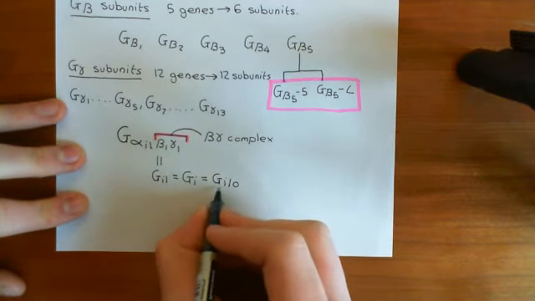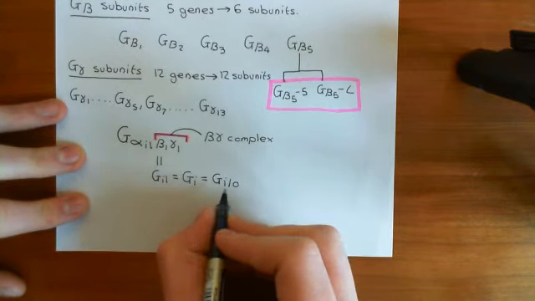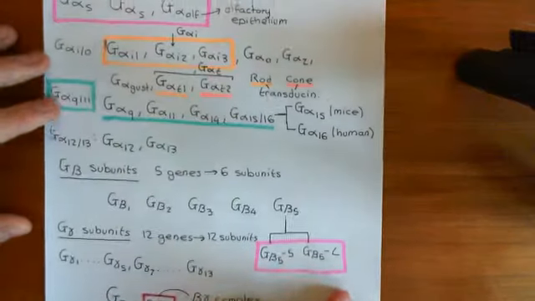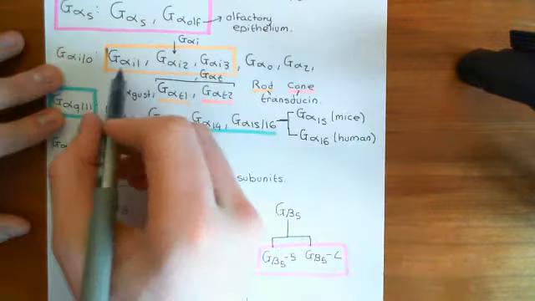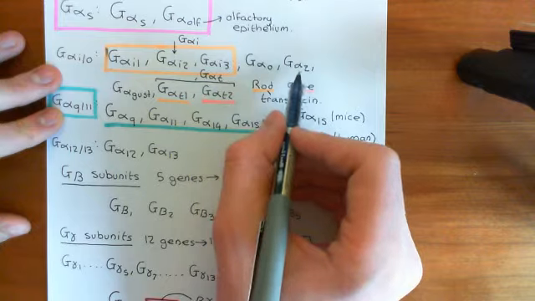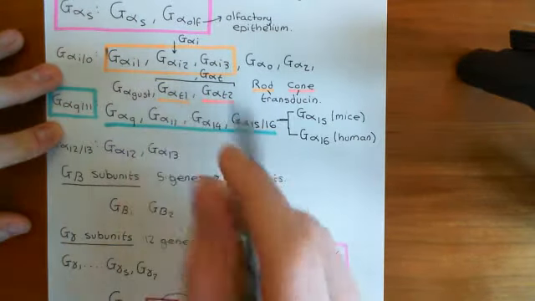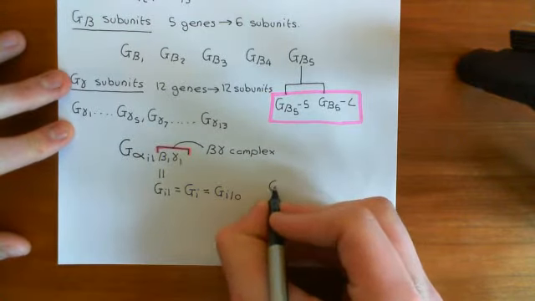So they might put GI/0 here to denote that the alpha subunit is within the G alpha I/0 family. If people put something like that, you can assume that it means one of these five on the top here, i.e. a G alpha I, one of these three, or a G alpha O or a G alpha Z. You can assume it does not mean one of these transducing alpha subunits. If people mean a transducing alpha subunit, they'll call it GT.